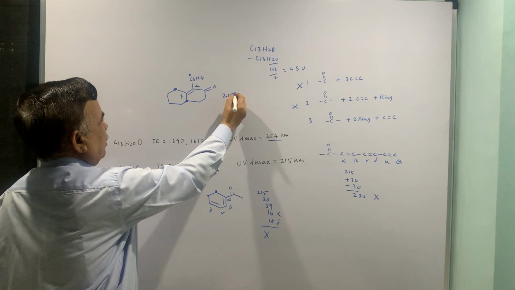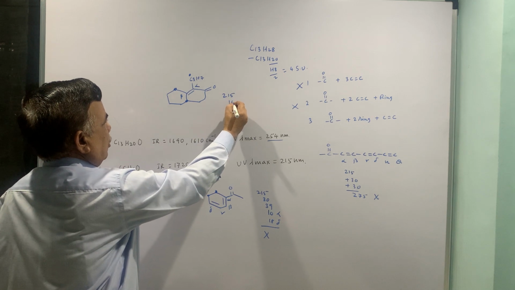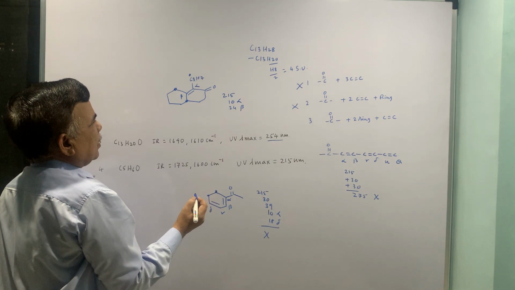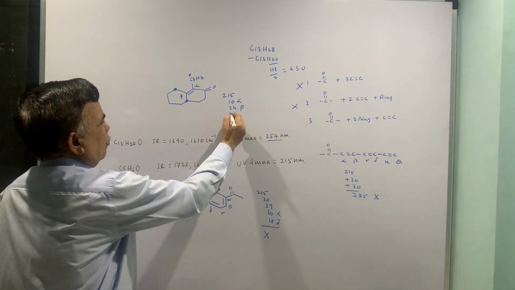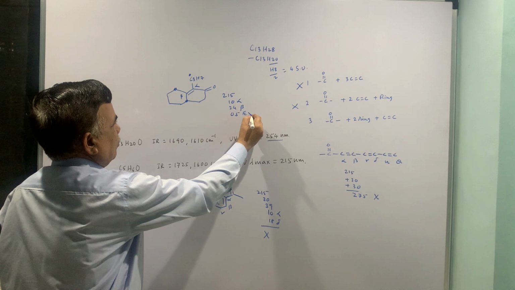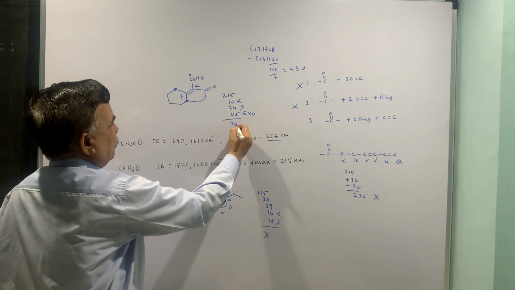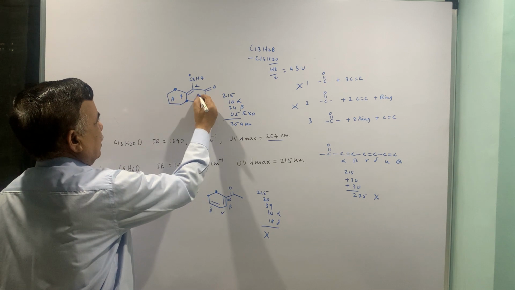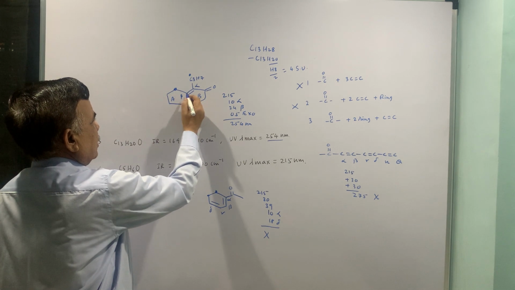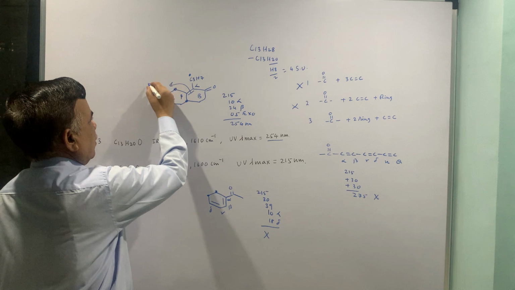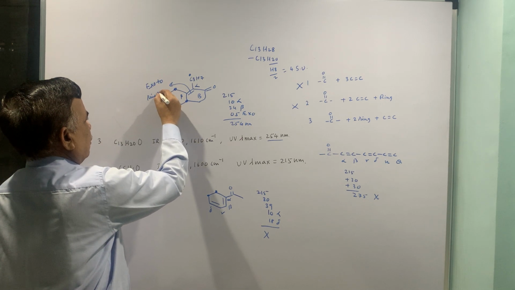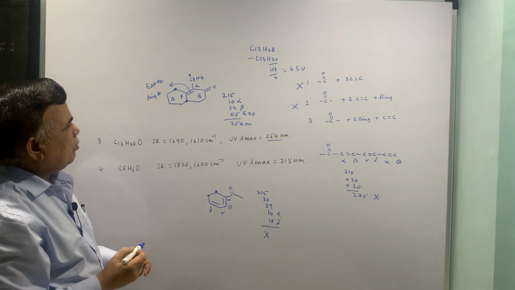So 215, alpha, 2 betas, and then 1 exocyclic bond, that is 254 nanometers. This is exo. If I designate A and B, then this is exo to ring A. So that is not a problem.